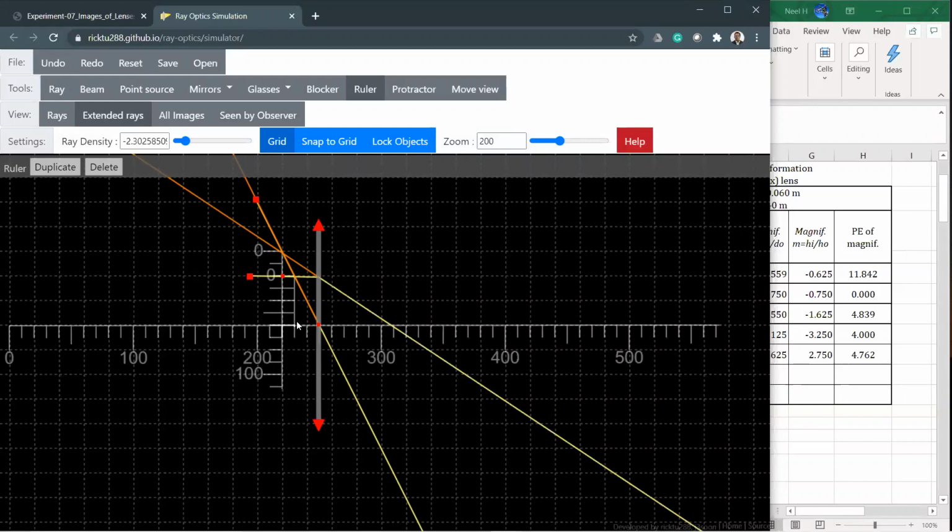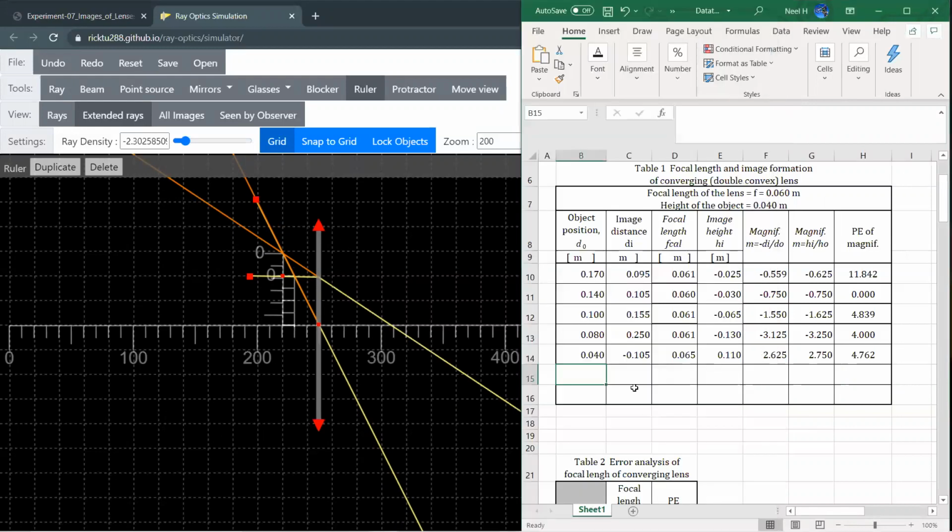Now you can see the object size getting smaller and the image getting very close in size, and the screen getting much closer to the object location, right? So let's take another picture here and then add the data here. Now the object is at 0.02, image is negative 0.03.